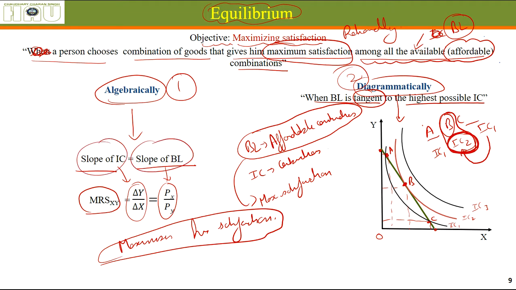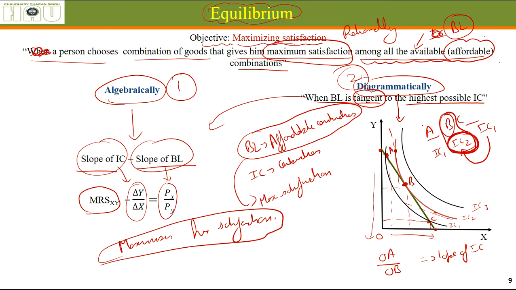In the diagrammatic method, when the budget line is tangent to the highest possible indifference curve, it naturally means the same thing. The budget line slope is OA by OB. Alright, this is the slope. And if you want to find the slope of the indifference curve, just draw a tangent here and find out the slope of this triangle.